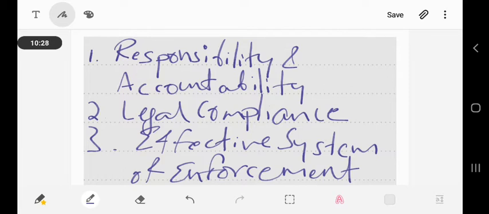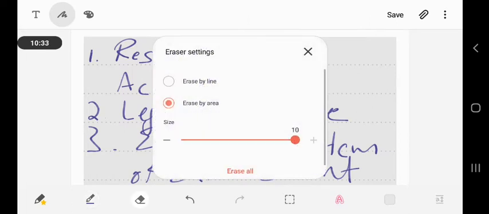To meet the desired goals of regulation, it is necessary to ensure, again, to maintain all these things.